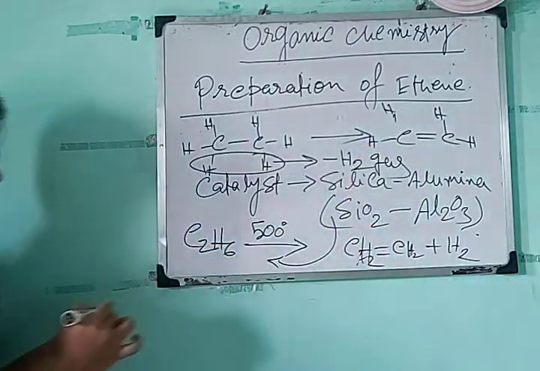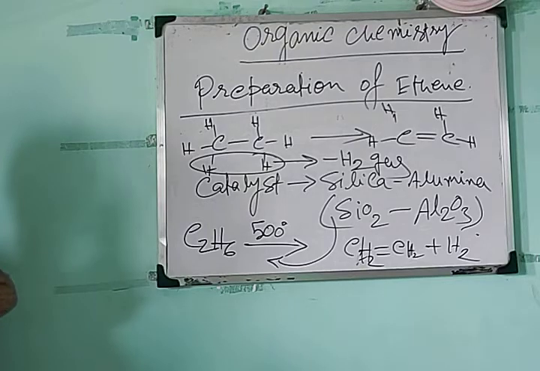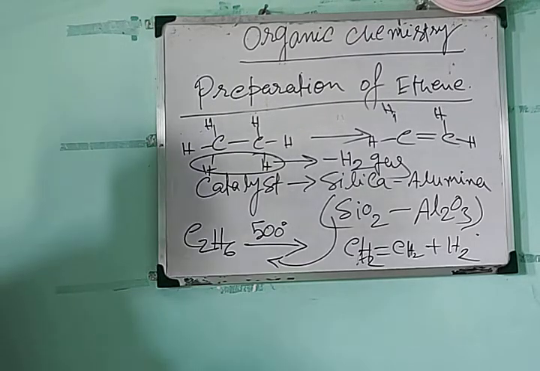So this is ethene. Normally a hydrogen molecule cannot be eliminated from an ethane molecule. Only at very high temperature, 500 degrees Celsius, and in the presence of silica alumina catalyst can this type of reaction happen, and this method is known as cracking of alkanes.